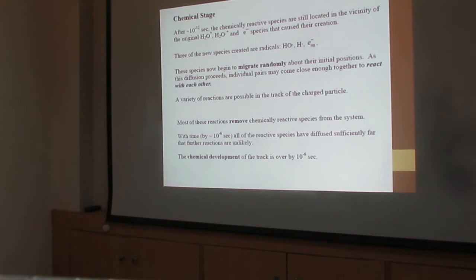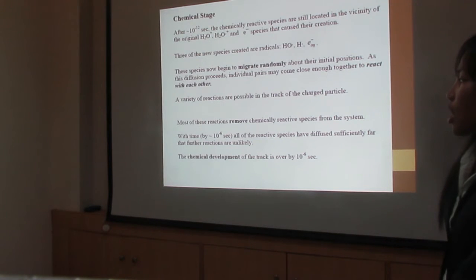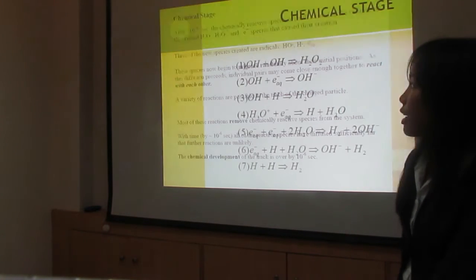A variety of reactions are possible in the track of the charged particle. Most of these reactions remove chemically reactive species from the system with time. By 10 raised to negative 6 seconds, all of the reactive species have diffused sufficiently far that further reactions are unlikely. So the chemical development of the track is over by 10 raised to negative 6 seconds.